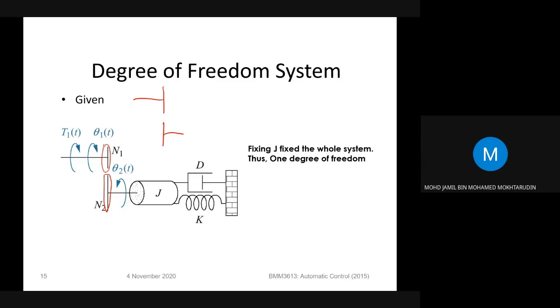Compared to the previous lecture, when you hold J, the other parts could still move. But here, when you hold J, gear N2 cannot move, so gear N1 also cannot move. So when you have this kind of system, it is 1 degree of freedom.